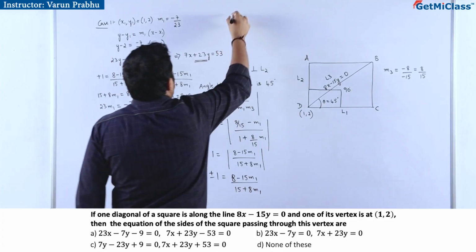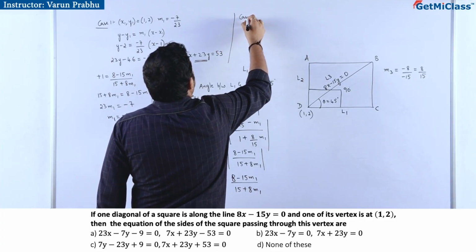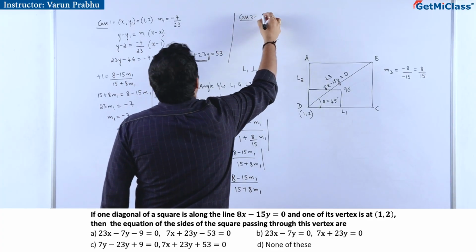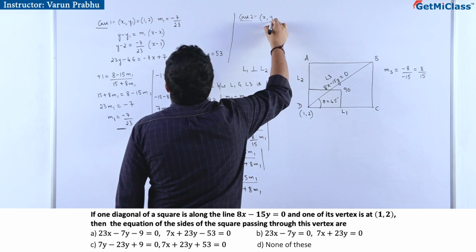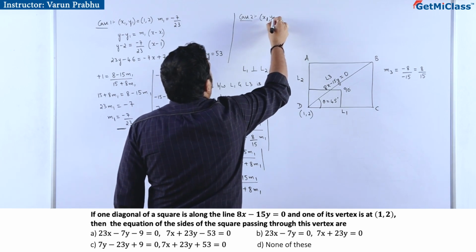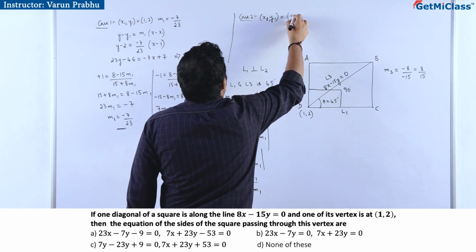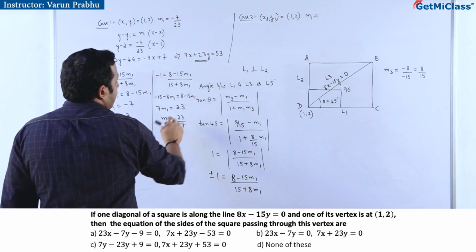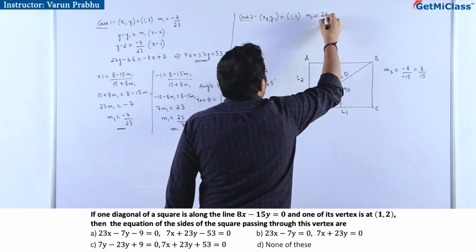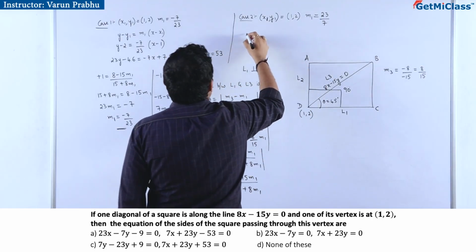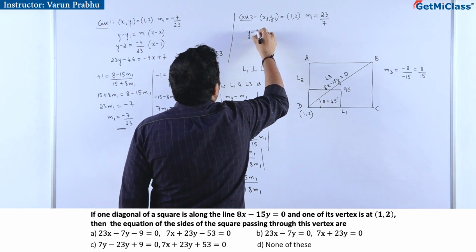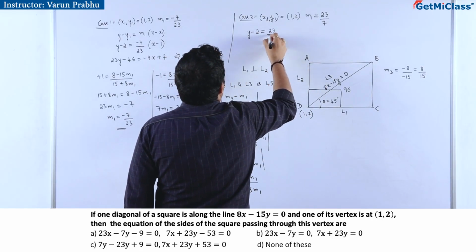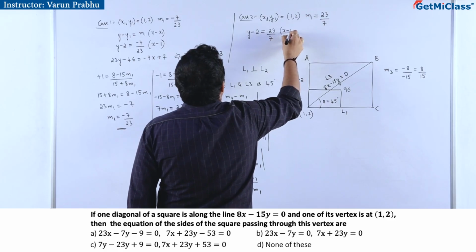This is one equation. Similarly, for the second case, case 2, (x1, y1) is equal to (1, 2). And what is m1 in this case? 23 by 7, correct or not? So y minus y1 equals 23 divided by 7 times (x minus x1).